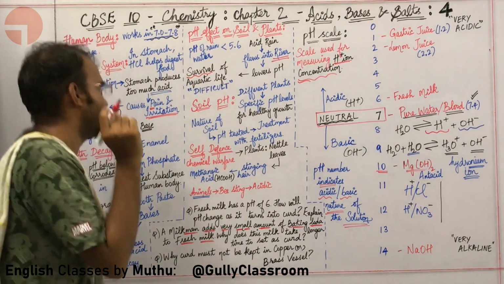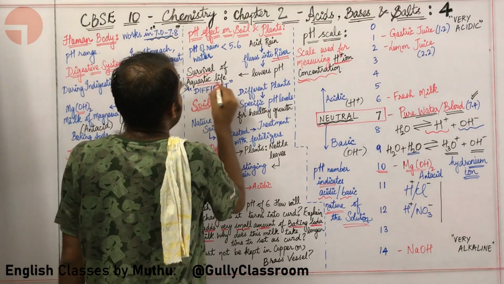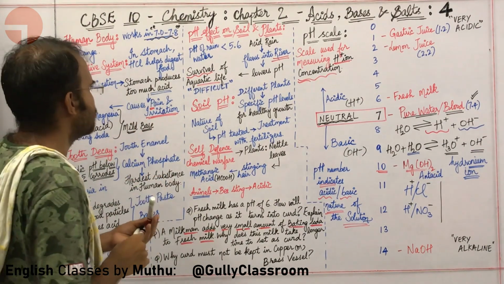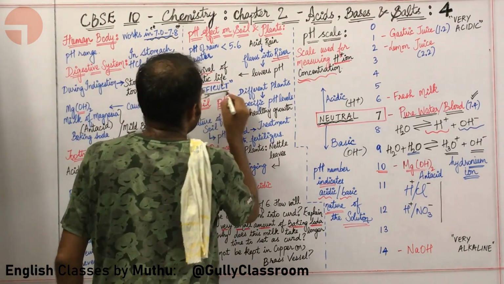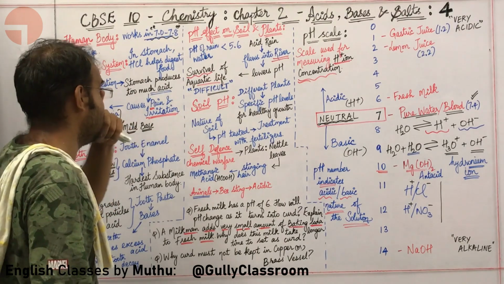Because the pH of the river is lowered, survival of aquatic life becomes very difficult.